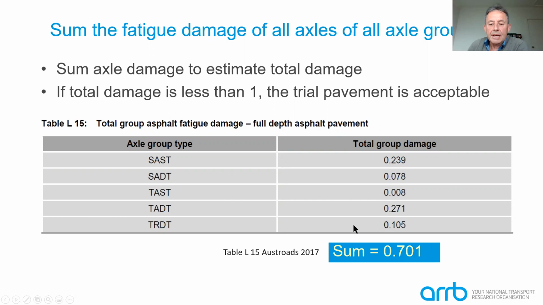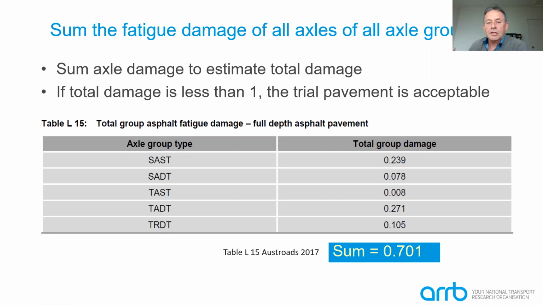So if you calculate the damage as 1, for example, in this pavement configuration, the end result might have been acceptable, and it wasn't necessary to undertake another design. But if the value exceeded 1, you might start the design process again, select another trial pavement configuration, and run through the calculations again.